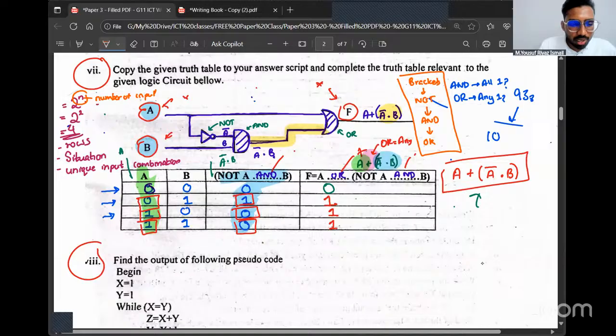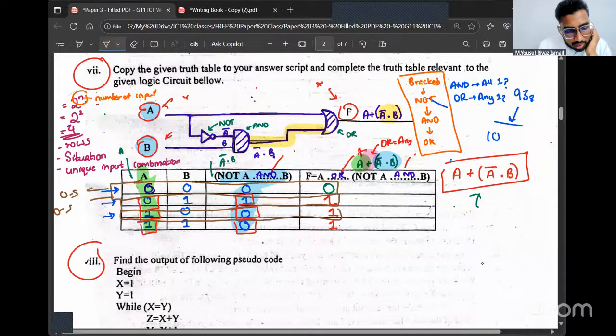So the marks will be broken down like this. When A was 0 and B was 0, if the first row is correct, half marks. If your second row is exactly like mine, half marks. If your third row was exactly like mine, half marks. If your fourth row was exactly like mine, half marks.